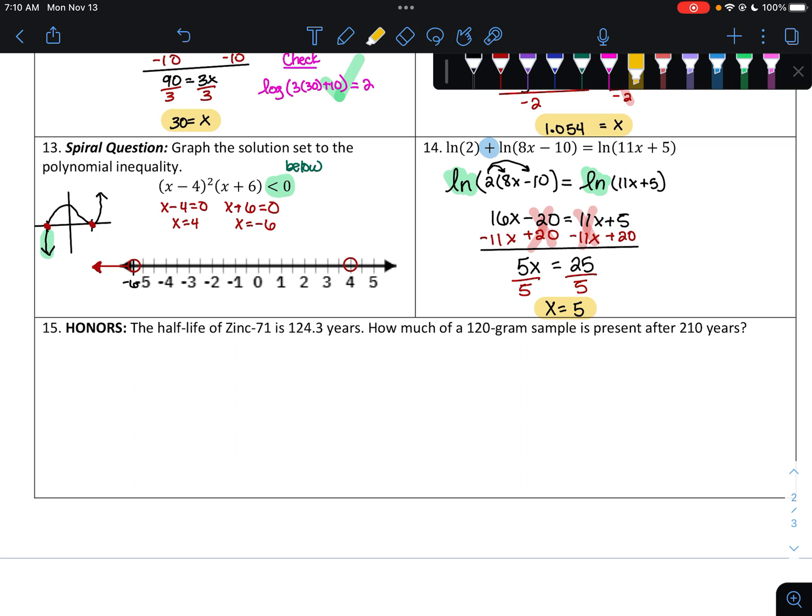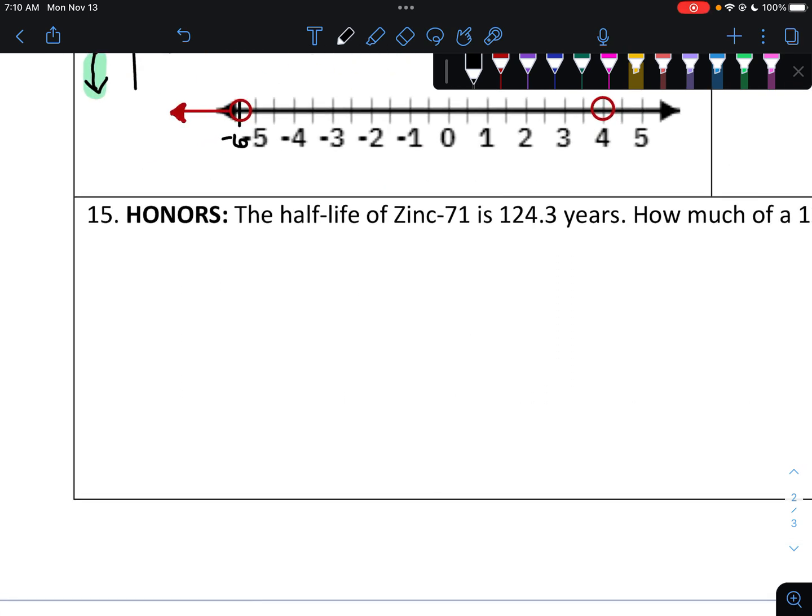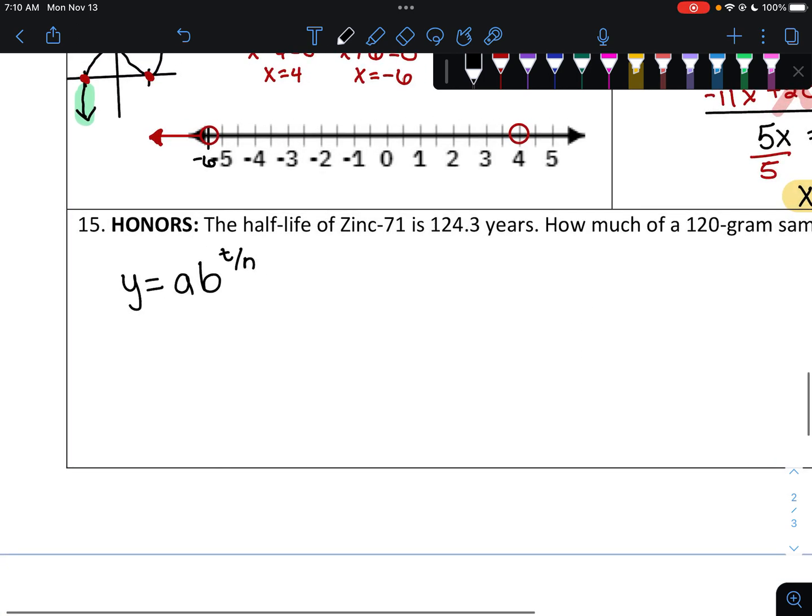So what we need to do is remember our formula. So our formula for this was y equals a times b to the t divided by n power. So our initial amount was that 120 grams.